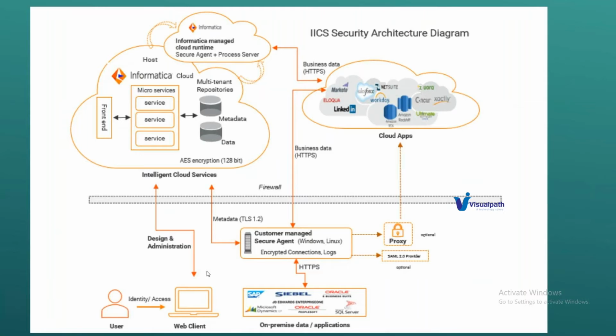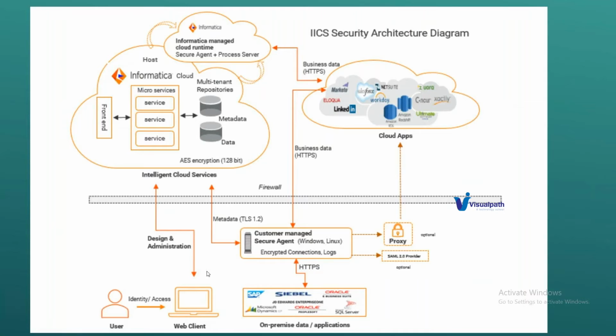This is being done using a customer managed secure agent, which is installed on a Windows machine. What is this secure agent storing? It stores the encrypted data of your connections and logs. The connections are required for you to read and process the data.